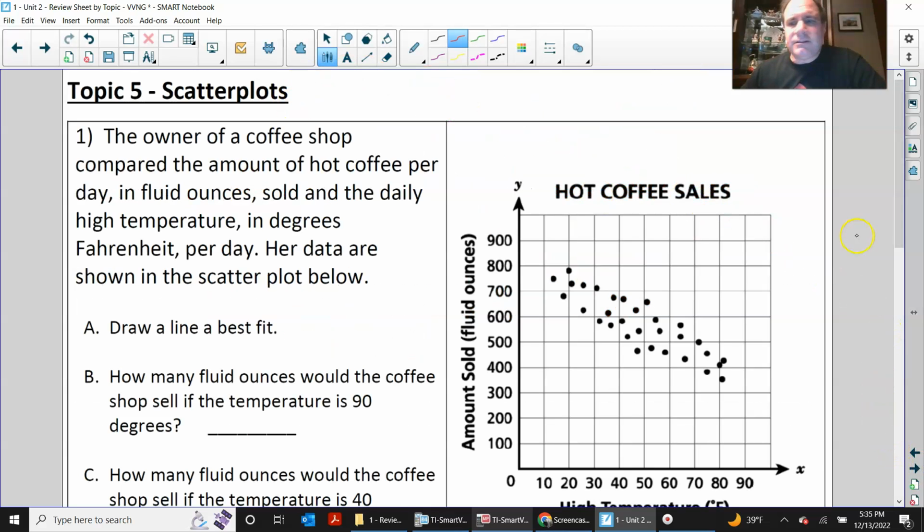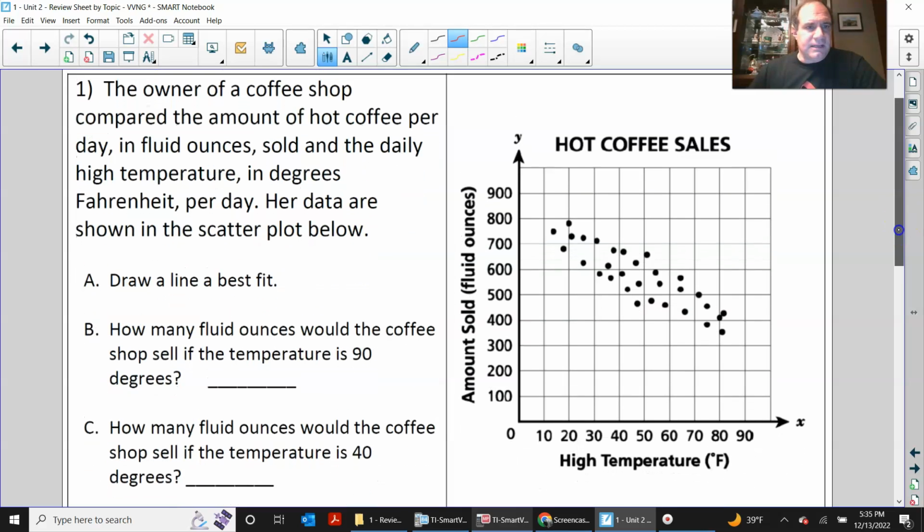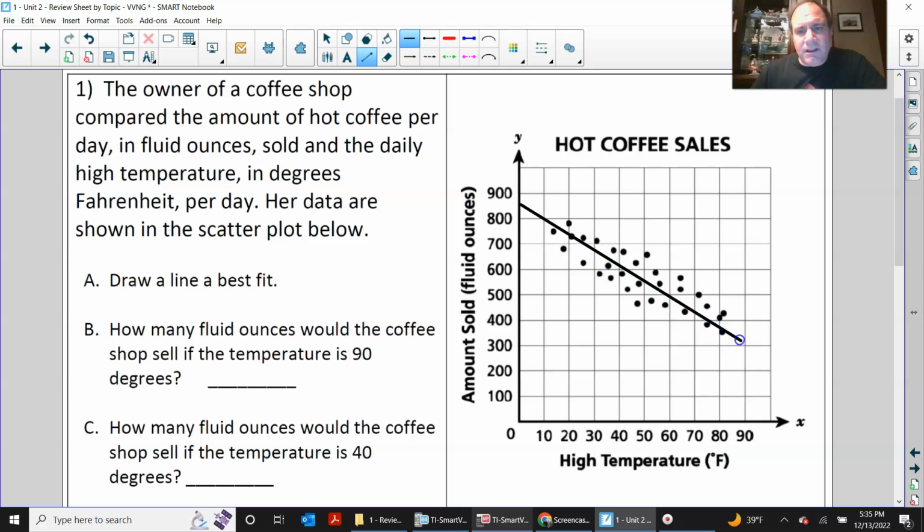So last topic. This is the last topic. Scatter plots. The owner of a coffee shop compared the amount of hot coffee in fluid ounces sold and the daily high temperature and had data shown in the scatter plot. Draw a line of best fit. Remember, a line of best fit is a line that goes through the center of all the points.